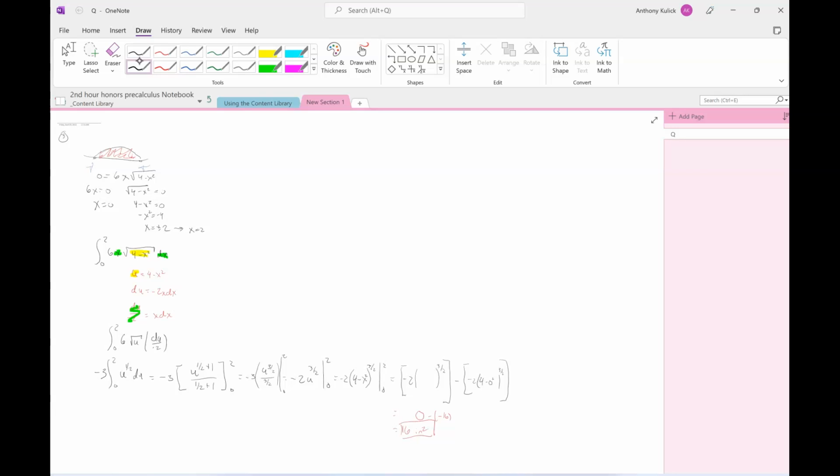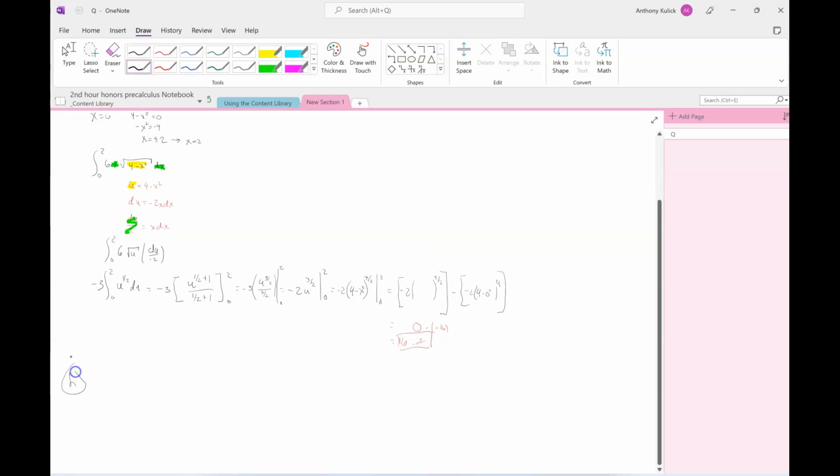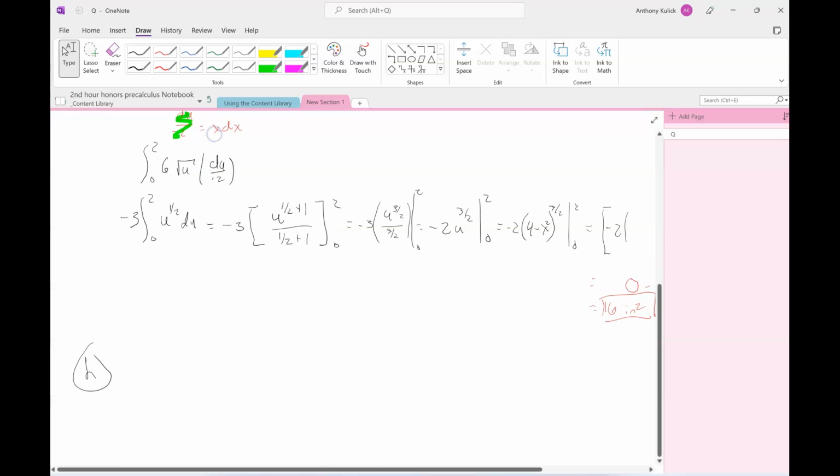Since we are limited to the first quadrant, you know immediately x can't be negative. So that's part A, which is not an impossible integration, but that's challenging.